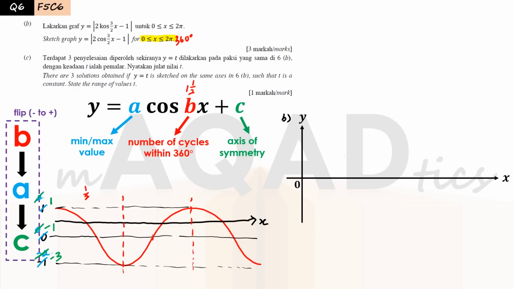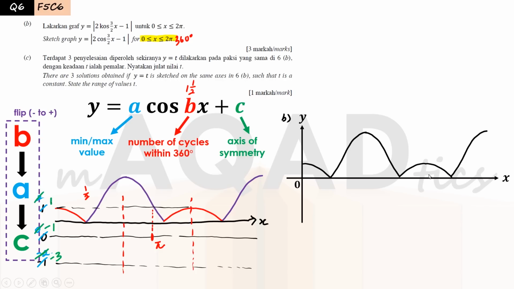This is actually our pi, the middle point of the entire graph. Once we apply the modulus, this part of the graph will go up. So I will just look upwards to see where the pi value is now. It would be on the y equals 1 line. So when we are drawing the graph here, we find the part of the curve where it intersects the y equals 1 line, which is here. That's why here is pi.